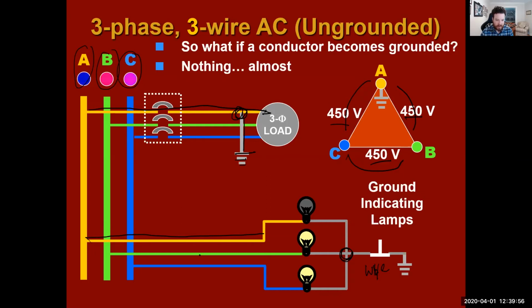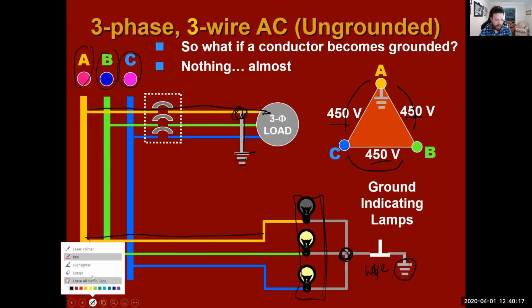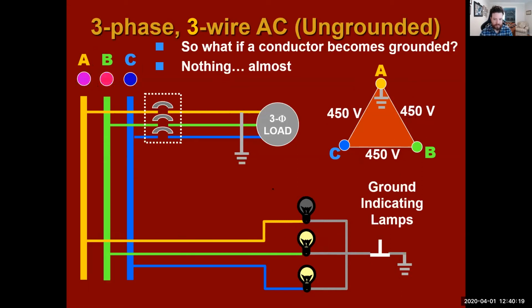Now, they're connected and they're grounded to each other, and they're also attached to this ground here. When there is no ground on the system, all three bulbs will be lit in the same intensity and they'll be lit together, all right? But as soon as you have a ground like we have here, one bulb will go out.